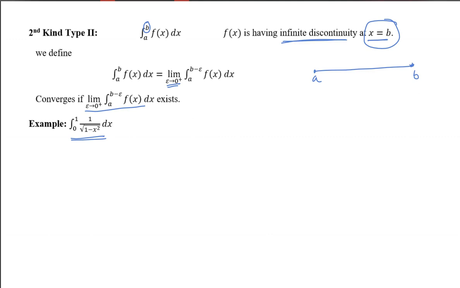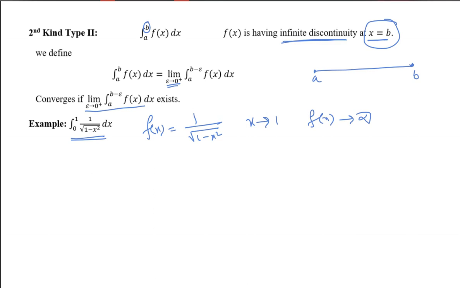If you put x equal to 0 here, you see the value is 1, so there is no infinite discontinuity. But at x equal to 1, if you put x equal to 1, you are getting denominator 0, so it is an infinite value. If you consider f of x is equal to 1 by root under 1 minus x square, as x tends to 1, f of x tends to infinity.